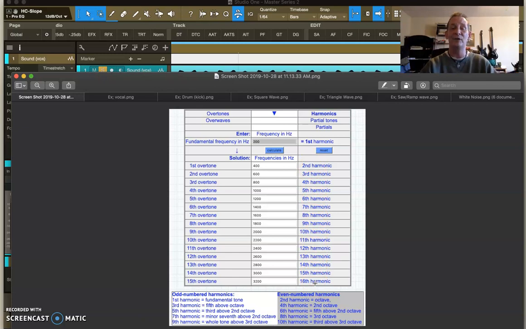After that, they're not quite as important, except for major or minor fluctuations that you'll have to deal with using equalization or sound sculpting. And it'll even map them out for you. You can even understand here is the first harmonic, the second harmonic, the third harmonic is the fifth above the octave. These are odd harmonics, and these are even harmonics. Get really used to this so you know what you're looking at.